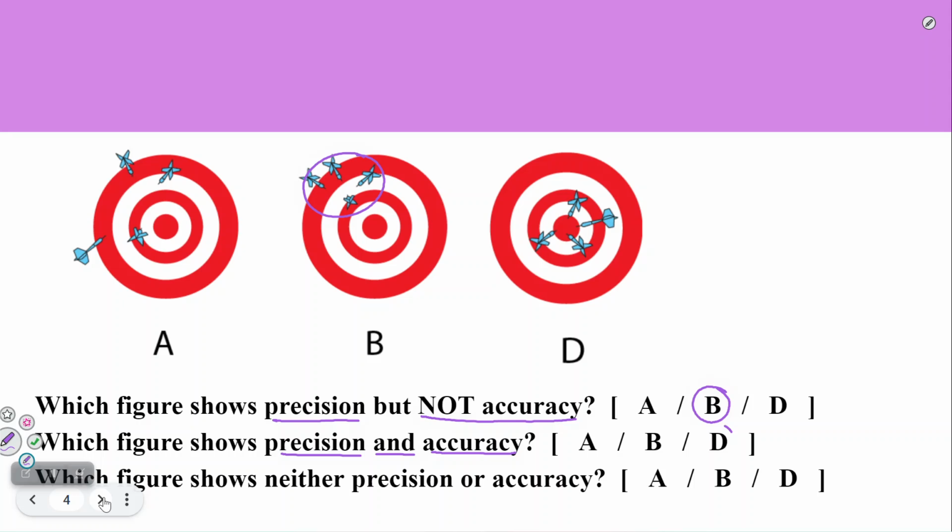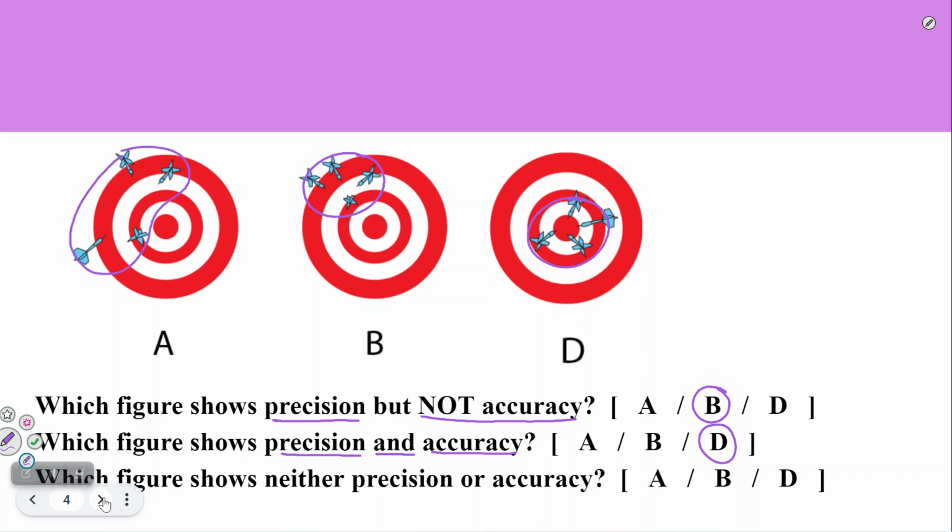Yes, D. I hope that you're all responding. You should respond even though I'm not there. Then lastly, which figure shows neither precision nor accuracy? We're looking for the darts that are far apart and not near the bullseye. That case would be reflected over here.